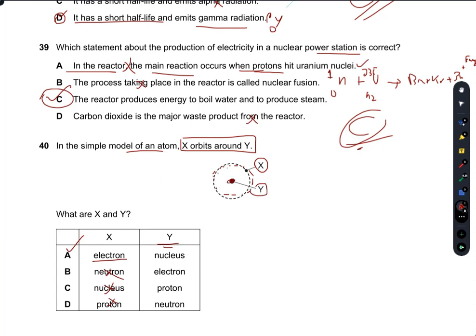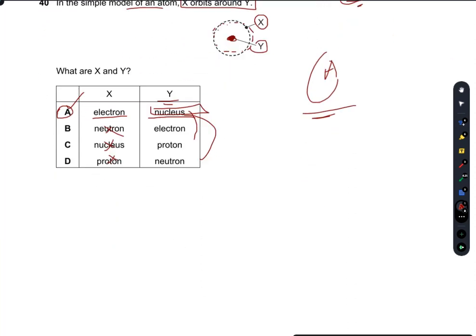This nucleus is present in the center of the circular shells, and the nucleus consists of protons and neutrons, but they have shown a single circle here, meaning this is the nucleus. So A is the right answer.